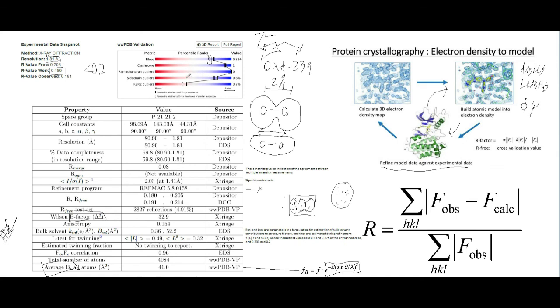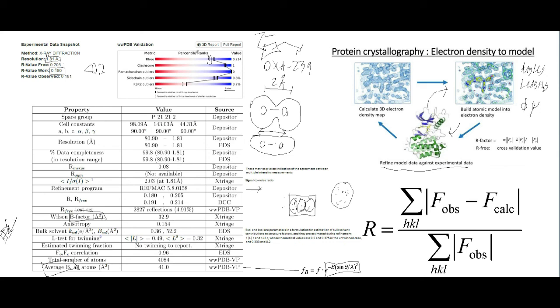These side chain outliers, which would be like the rotamers that I was talking about. So there are allowed rotamers, and then the real space R values. So these R values are determined in Fourier space or reciprocal space, and these R values are determined in real space.